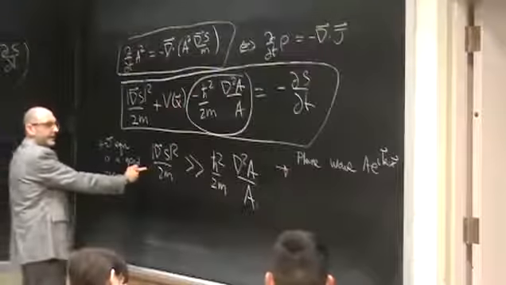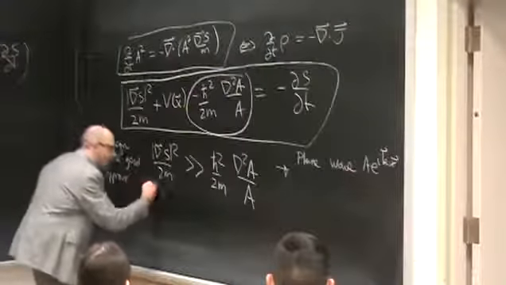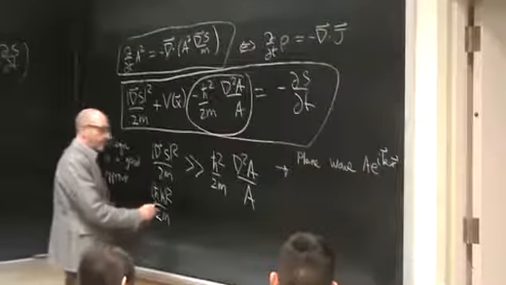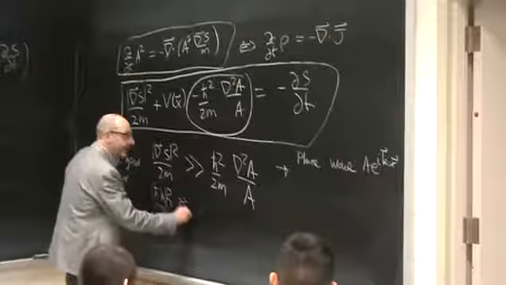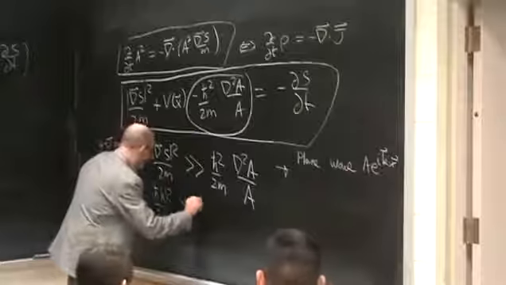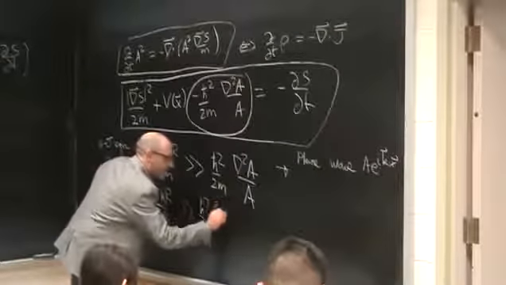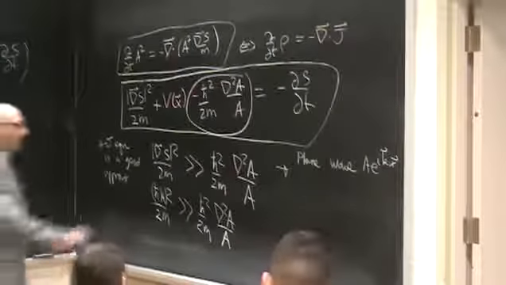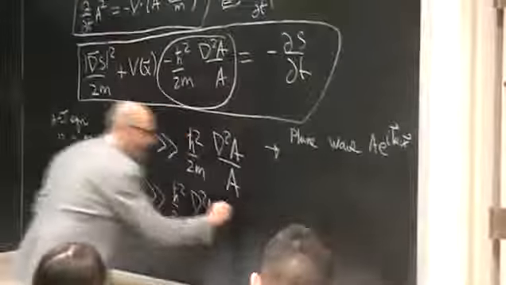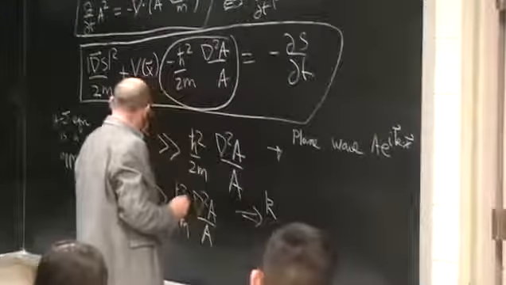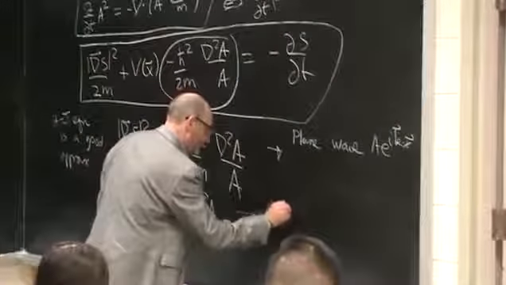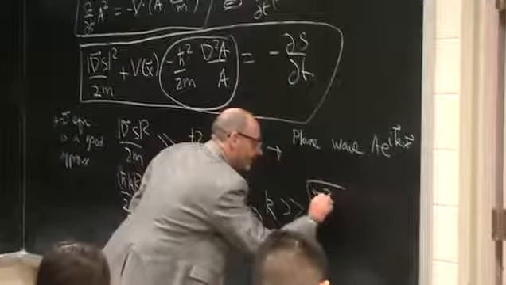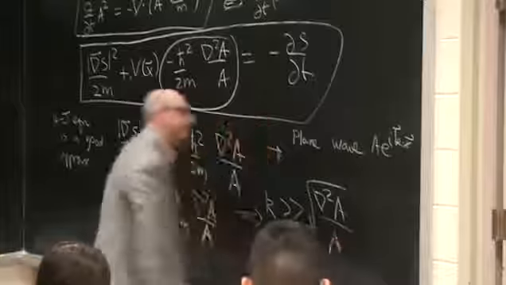So this approximation then is saying that h bar squared k squared over 2m is much, much bigger than h bar squared over 2m times the second derivative of the amplitude. Or just getting rid of all that, that k is much, much bigger than the square root of that.